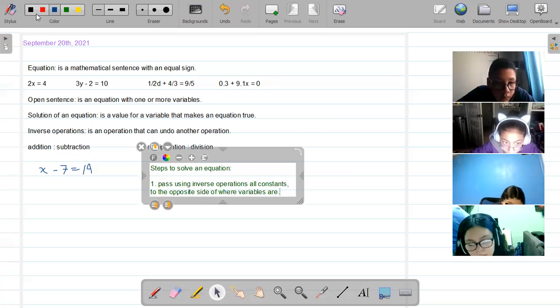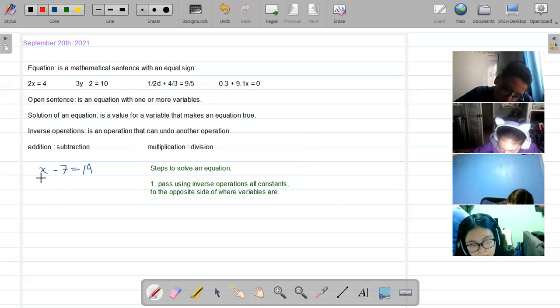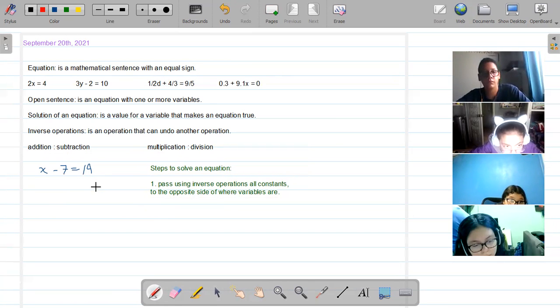So let's see. We have x minus 7 equals 14. What constants do you have in this equation? We know this is an equation because it has the equal sign.